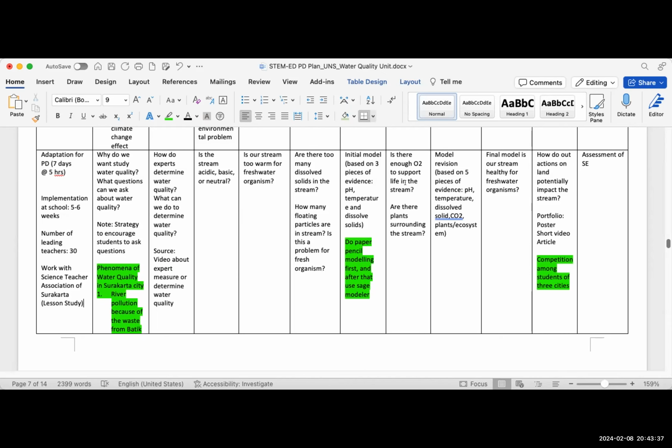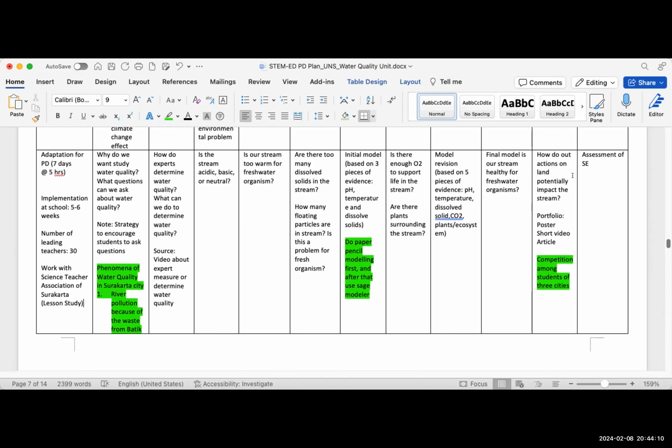After that, we go to the meaning of oxygen in water quality, and also observe plants through this lesson. We hope they also learn to classify the plants surrounding the river or water resources. And then they will revise the model into a final model.